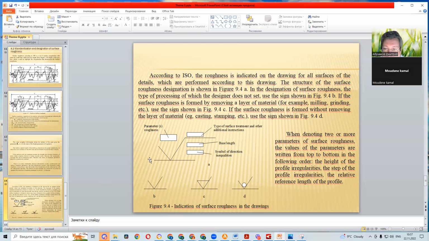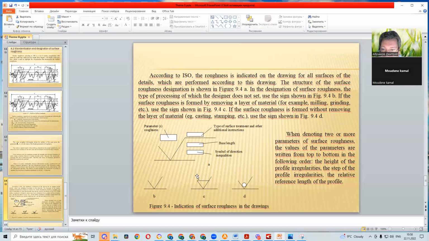In the designation of surface roughness, the type of processing of which the designer does not set, use the sign shown in figure 9.4b. If the surface roughness is formed by removing a layer of material, for example, milling, grinding, etc., use the sign shown in figure 9.4c.